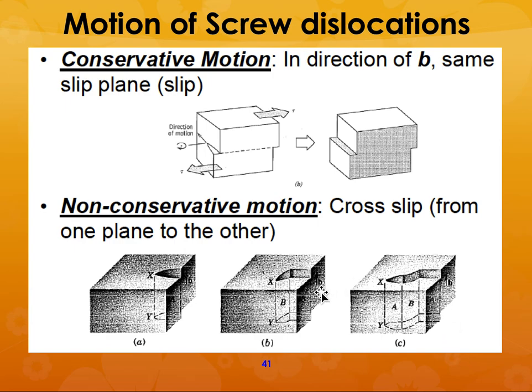So in the case of the edge dislocation, you can either shear the plane of atoms one on top of another, which would be the simplest case, and the second one would be the case where you apply heat, which would make the atoms diffuse from one location to another and cause the edge dislocation to move. And in the case of the screw dislocation, you can shear them, and then you can also apply a temperature and cause the atoms to move from one plane to another, which would be called cross slip.